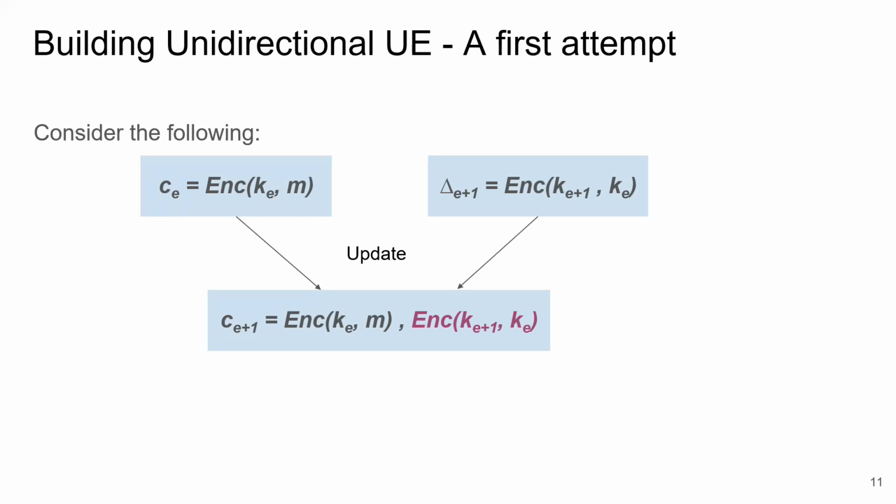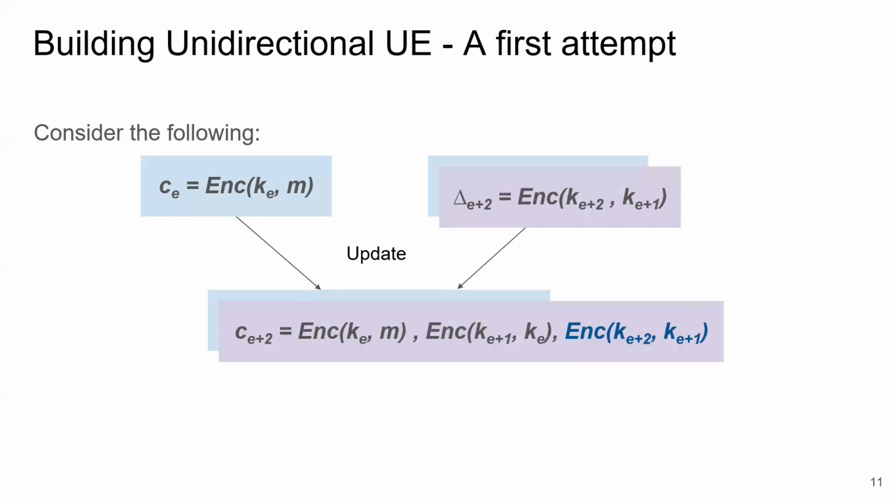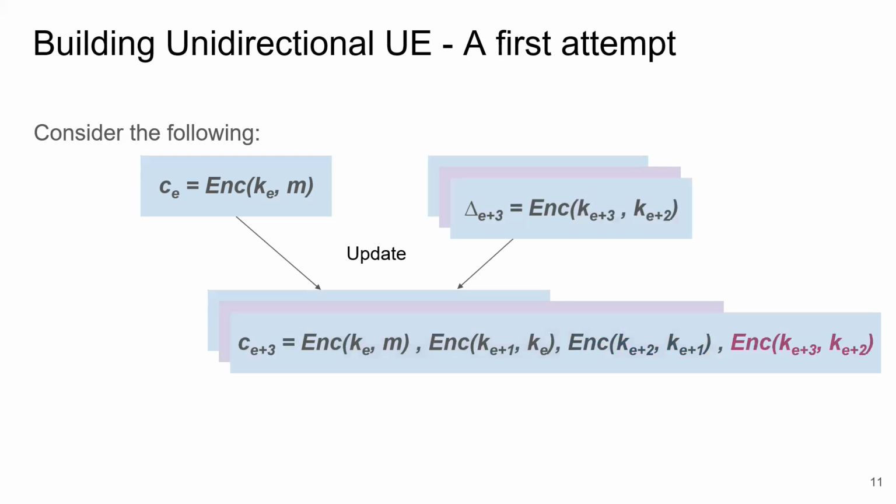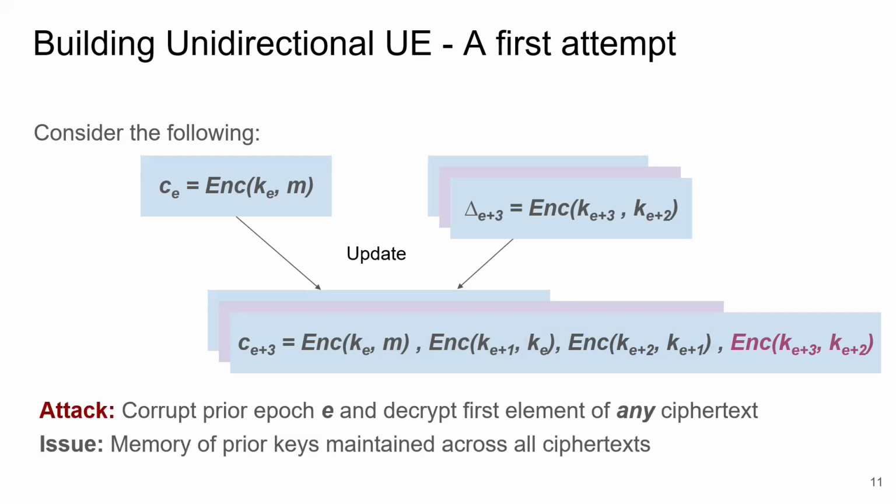And then obviously if we wanted to move to the next epoch, the next update token would be key E+1 encrypted under key E+2. So our update operation would just be appending that, and so on and so on. So we're just appending on these update tokens each time. The problem with this is, it's very trivial to attack.